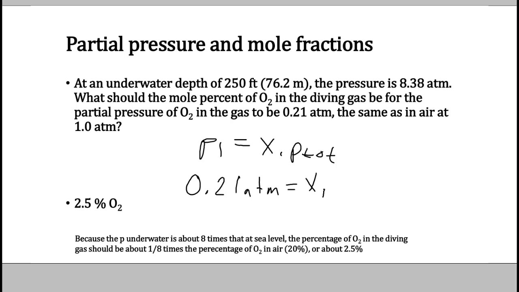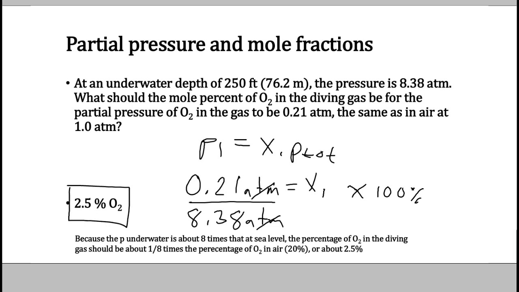That's what we're trying to solve for. So you're going to divide by the total pressure, which is 8.38 atmospheres. So this is good because the units cancel out because the mole fraction has to be dimensionless. And then since you're finding a fraction, you're going to have to end up multiplying your answer by 100%. And you should get this answer unless I made a mistake.